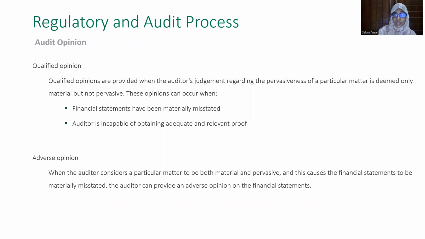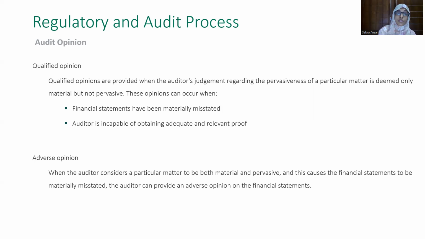Now, for the auditor's opinion, there are different types of opinion. One is called a qualified opinion. Qualified opinions are provided when the auditor's judgment is persuasive on a particular matter. These opinions can occur when the financial statements have been materially misstated or the auditor is incapable of obtaining adequate and relevant proof.